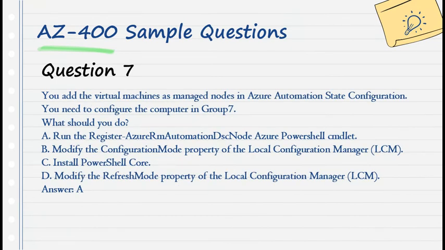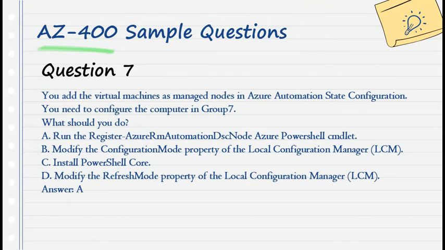Question 7. You add the virtual machines as managed nodes in Azure Automation State Configuration. You need to configure the computer in Group 7. What should you do? A. Run the register Azure Automation DSC Node Azure PowerShell cmdlet.